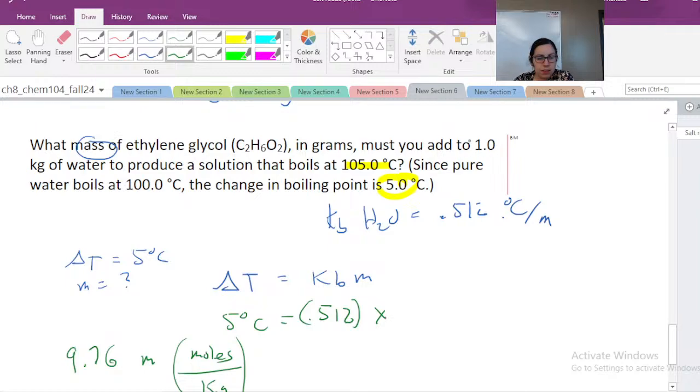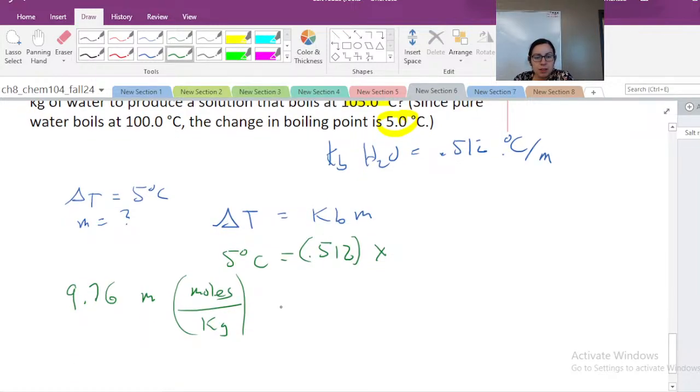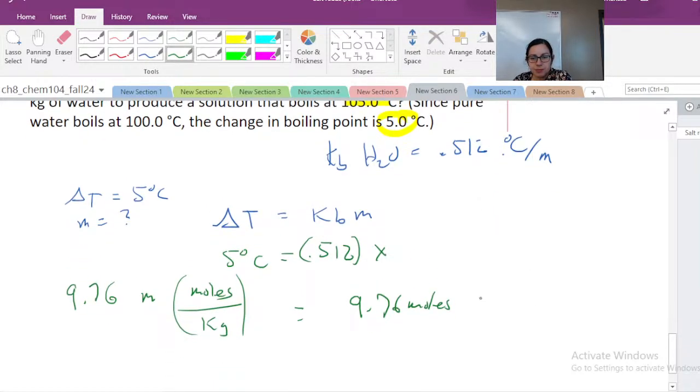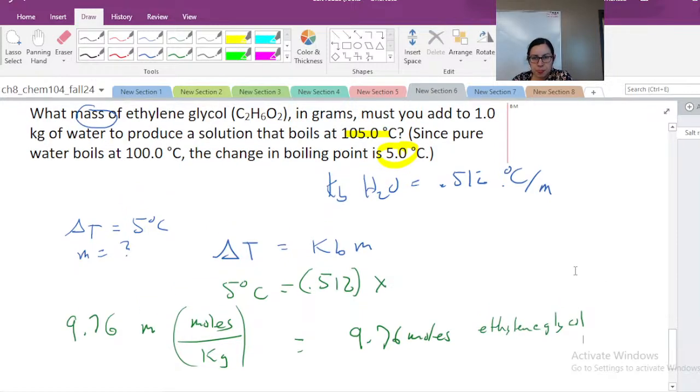So we have 1 kilogram. So that means we need 9.76 moles of ethylene glycol. And then we just have to calculate our molecular weight of ethylene glycol.